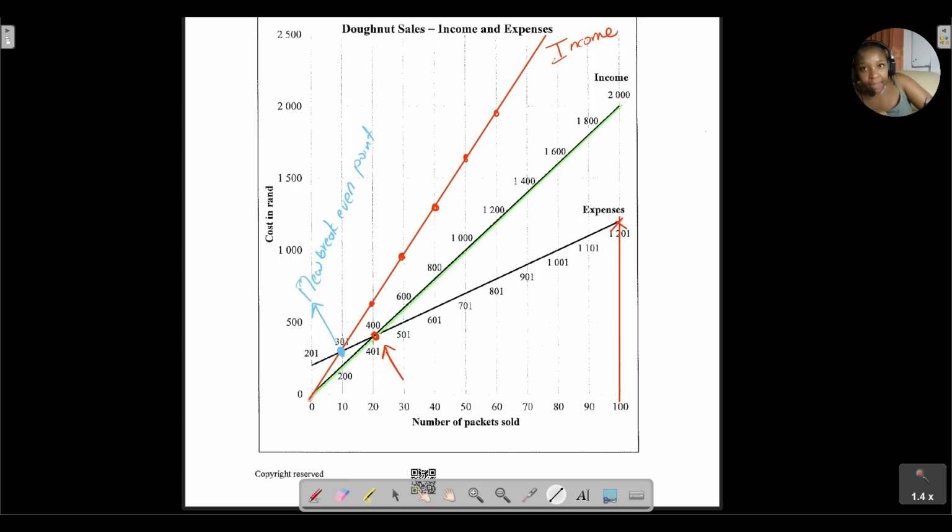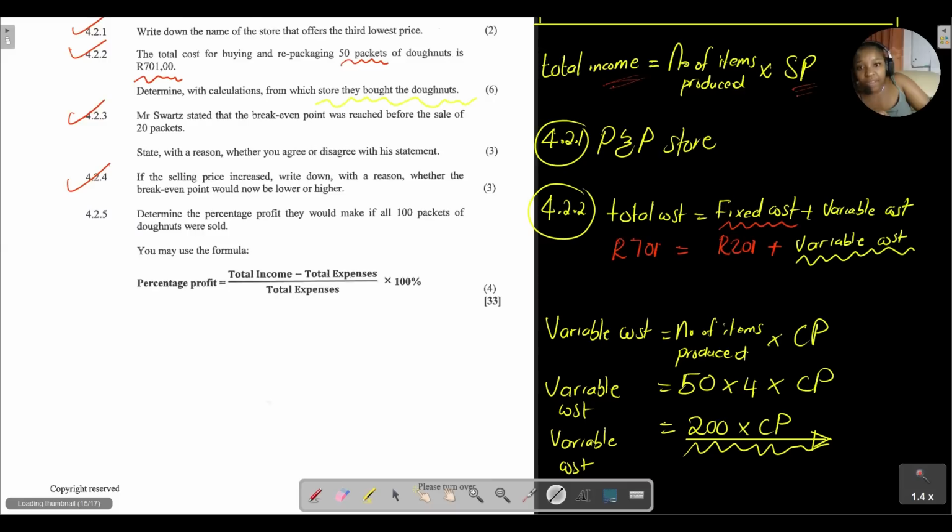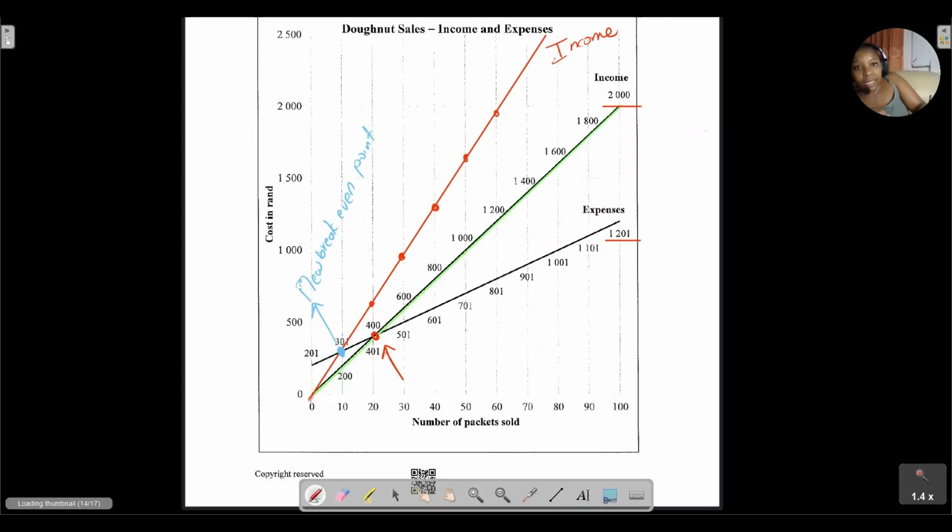So we see that the expenses would be 1,201. What would be the income? 2,000. So we just want to substitute these values into this formula. For question 4.2.5, percentage profit is equal to, what is the total income here? 2,000 if we're selling 100.